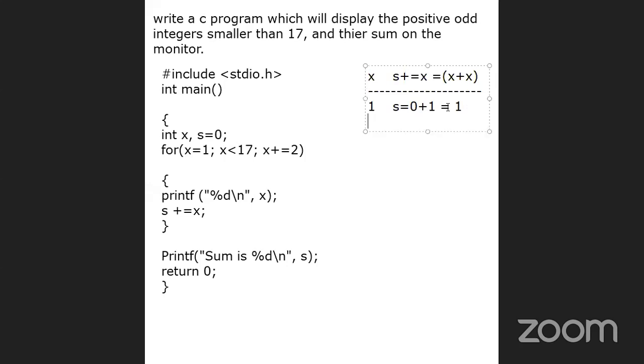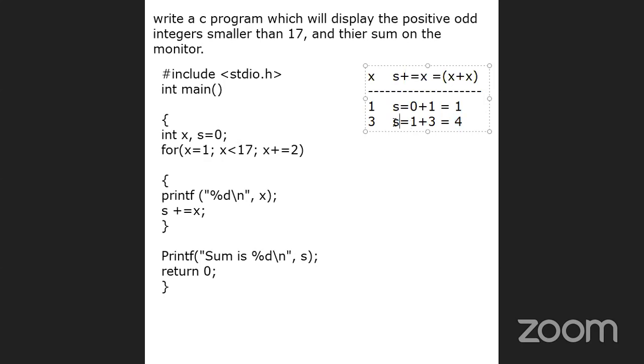So we take the next number, which is 3, in. So the value of s would therefore be equal to 1 plus 3. So that's going to give us 4. You understand? So each time you have a new value for sum, it replaces the existing value.